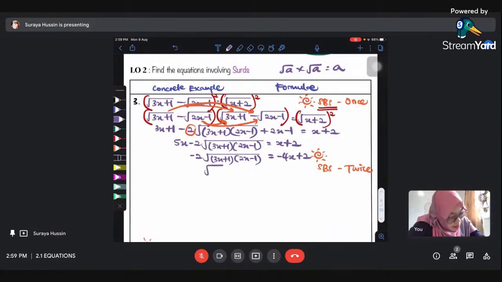And then jadikan square root sebagai subjek lagi. I will get positive 2x. Yang ini tahu, saya bawa dia pindah. Bukan bawa dia pindah, saya bahagikan both side dengan negative 2. I will get a positive 2 minus 1. Positive 2x minus 1.